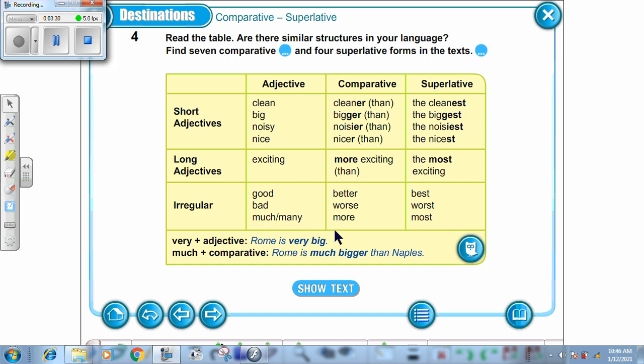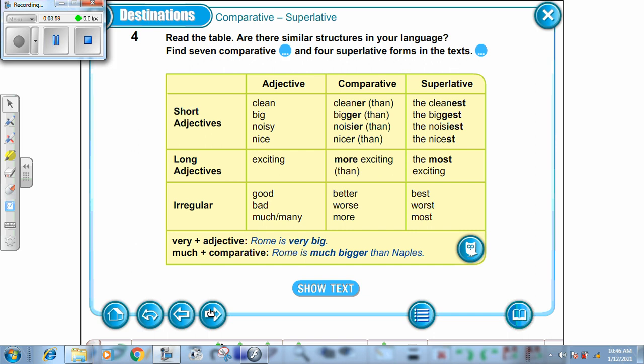Much and many will be more, and in the superlative, the most. Okay, I have also far, it will be farther than or further than. And the superlative, it will be the farthest, or the furthest.